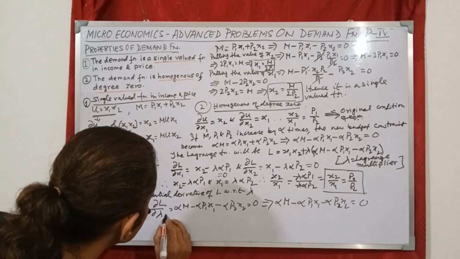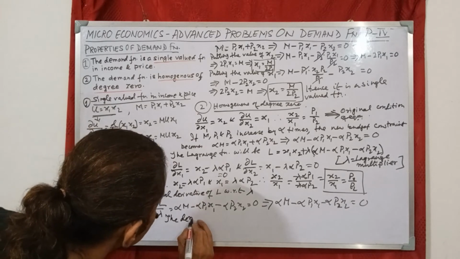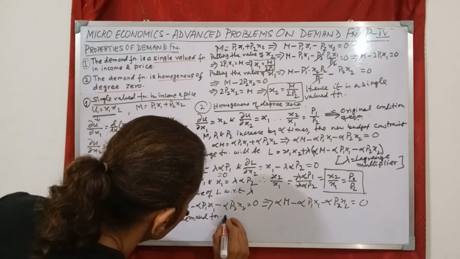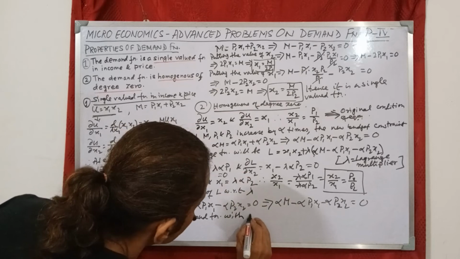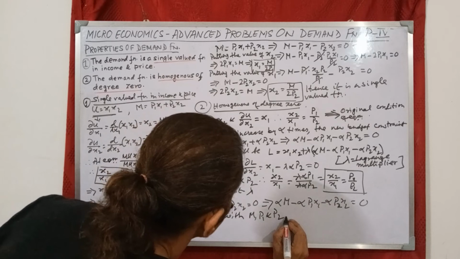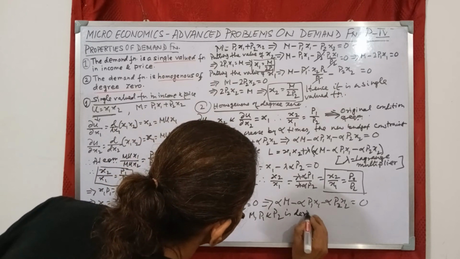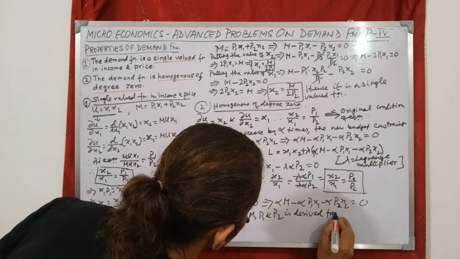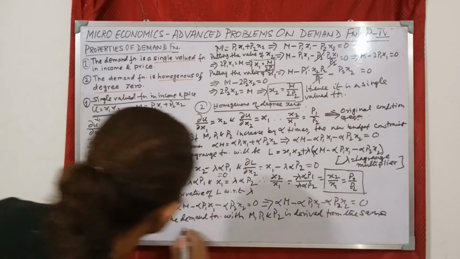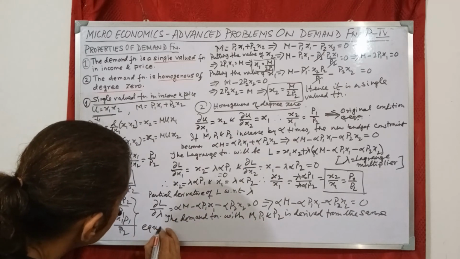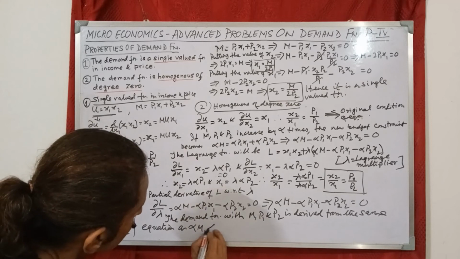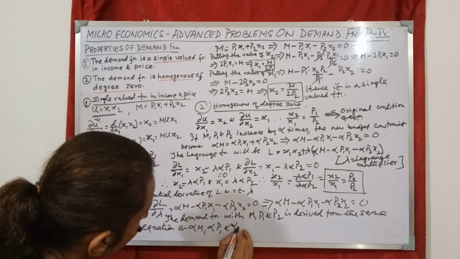So the demand function with m, p1 and p2 is derived from the same equation as alpha m, alpha p1 and alpha p2.